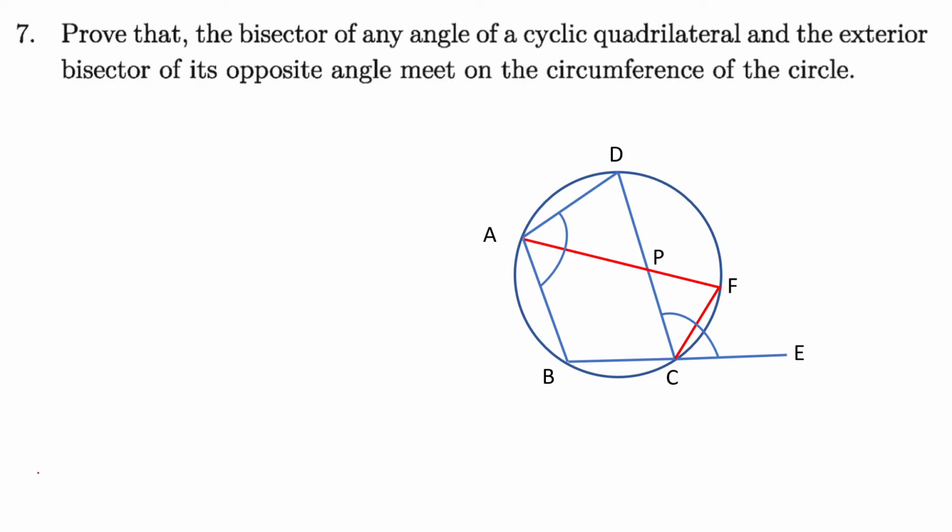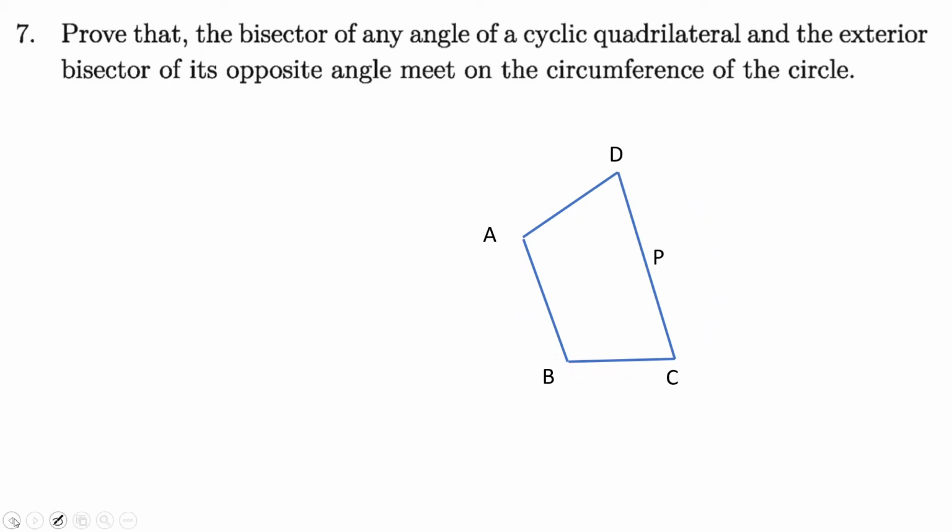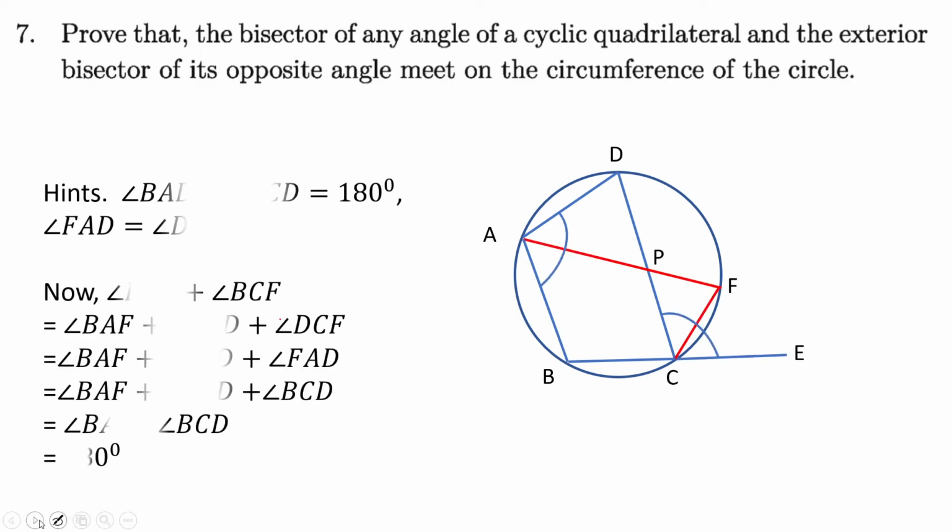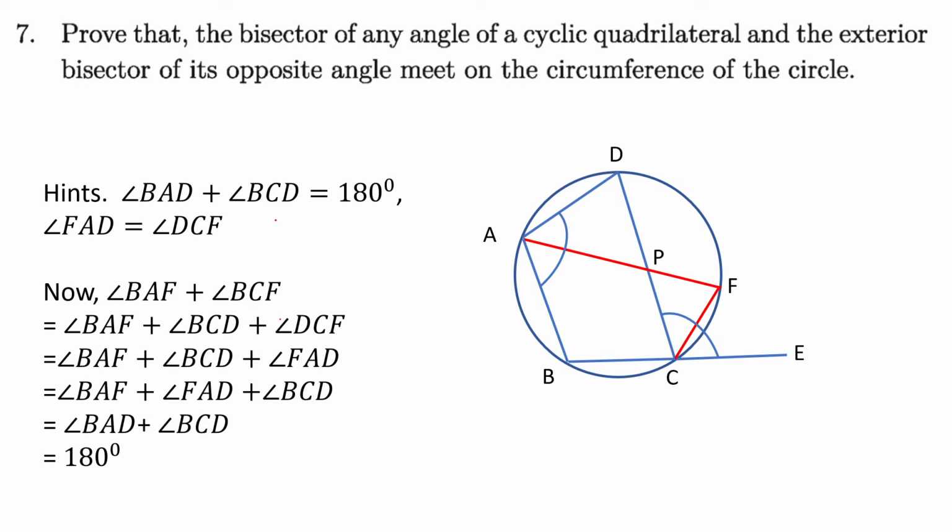For this, ABCD is a cyclic quadrilateral, therefore angle BAD plus angle BCD are supplementary, 180 degrees.